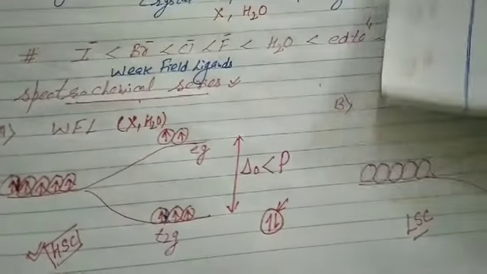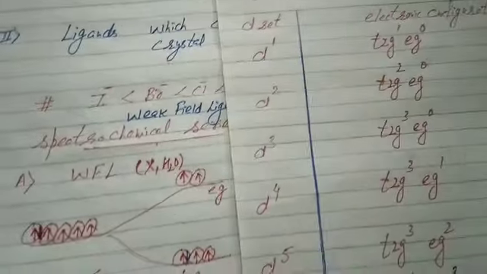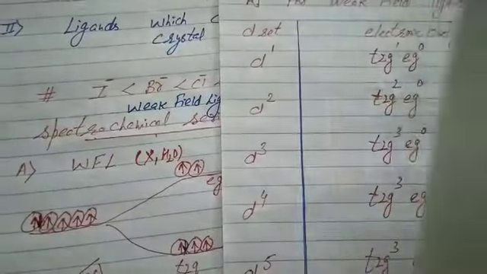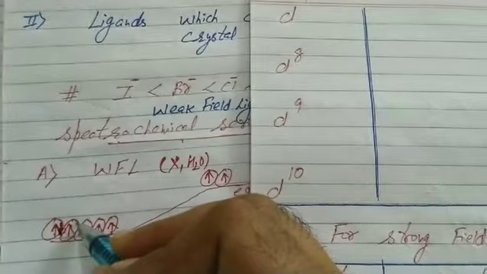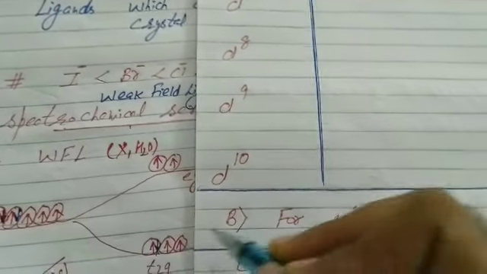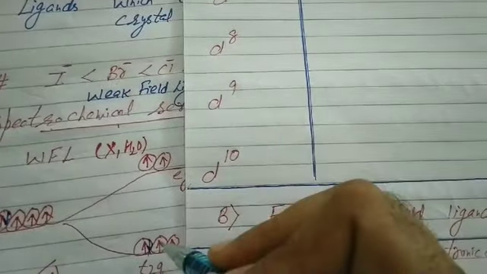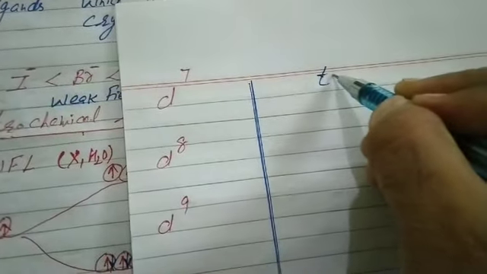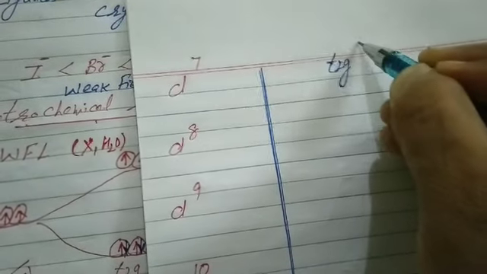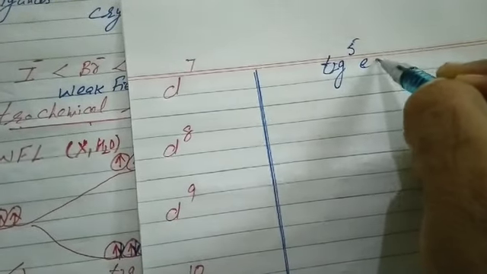After this, next is d7. Students, what will happen in d7? That's the pattern: 1, 2, 3, 4, 5, 6 and 7. How many electrons in the t2g level? 5, and eg level 2.